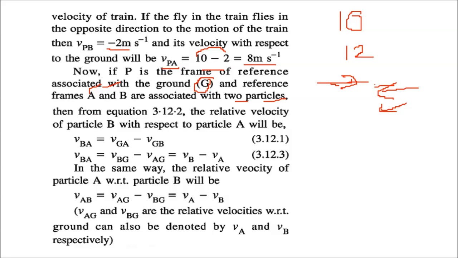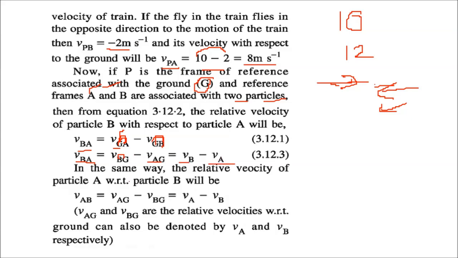So the relative velocity of particle B with respect to A, VBA, if we take it as ground, the velocity of A with respect to ground, B with respect to ground. VBA will be VBG, we are just changing these A to G and B to G. So VBG minus VAG, that is VB minus VA.